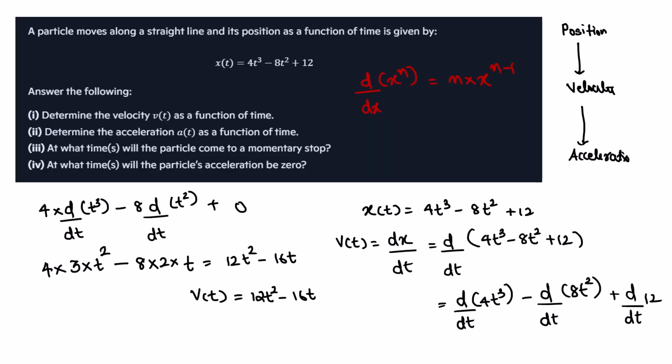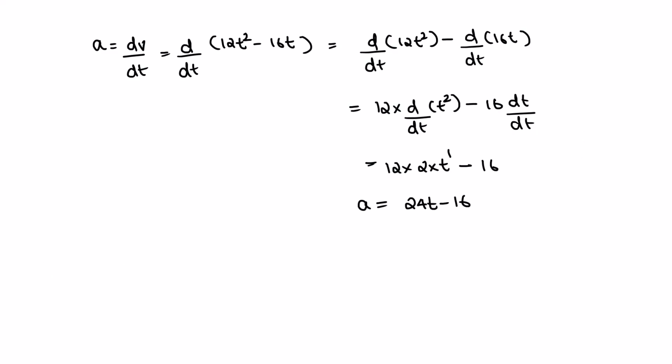The question is, at what time will the particle come to a momentary stop? The particle coming to a momentary stop means velocity becomes equal to 0. We know that velocity is equal to 12t square minus 16t. We need to find at what time velocity becomes 0, so 0 equals 12t square minus 16t.